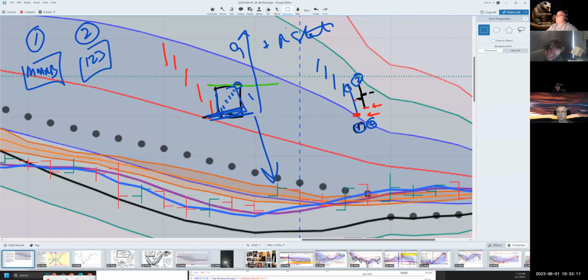Now what I have is a mechanical entry, call it 5 cents or a penny above the high of bar 2, is my automatic entry. While this bar is live, I will enter there as long as it has not made a low lower than the low of bar 2.